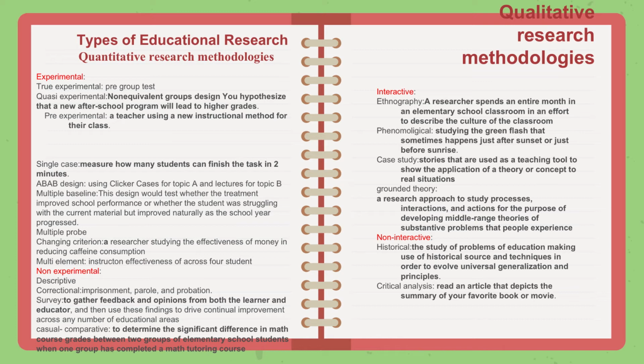The example of historical methodologies is the study of problems of education making use of historical sources and techniques in order to involve universal generalizations and principles. Second is critical analysis. The example is reading an article that depicts the summary of your favorite book or movie.